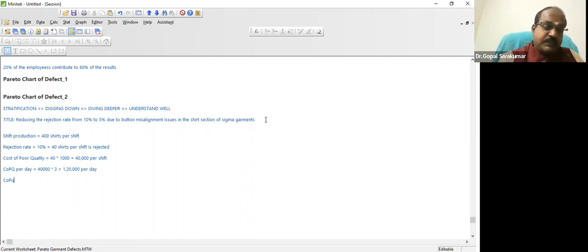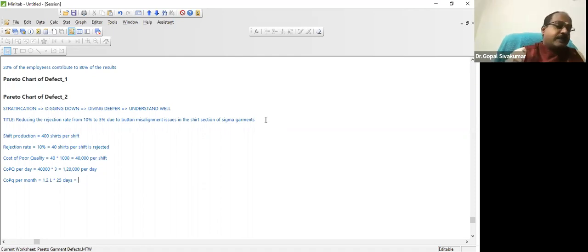Now in a month, if the problem is left unattended, the cost of poor quality per month will be 1.2 lakhs multiplied by, probably, 25 working days. How much will it be?